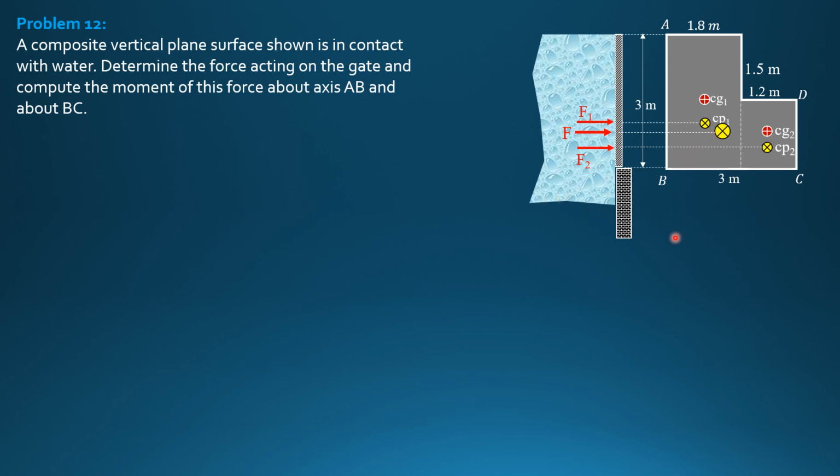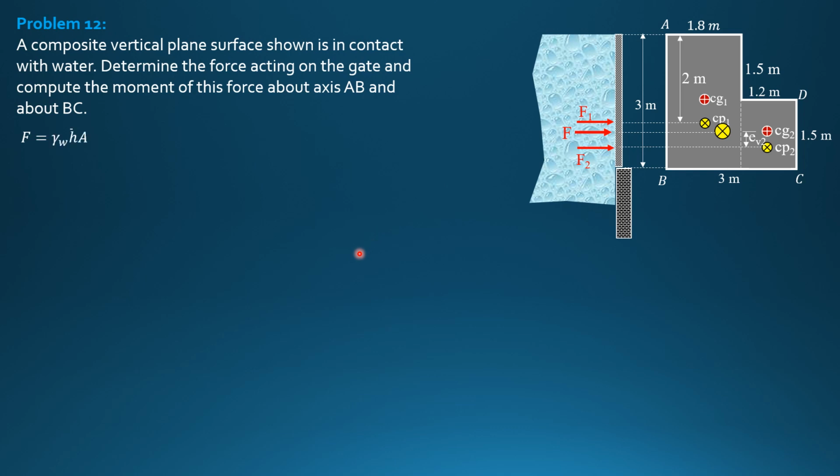We just use Varignon's theorem instead. So this is also 1.5. Then that's 2 meters. There's no need to solve for E. If you want to solve for E, solve it. Then plus 1.5, which is bar H, you will get 2 meters. So let's just solve EV2 because the top edge is not flush with the water surface.